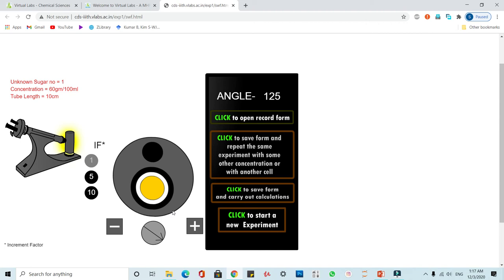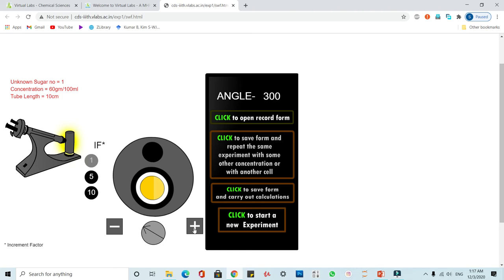The value of the concentration should be less than 375, and the corresponding values of the specific rotation we have calculated here. While seeing these values, we can clearly see the value near to 19 is repeating among all the three experiments.